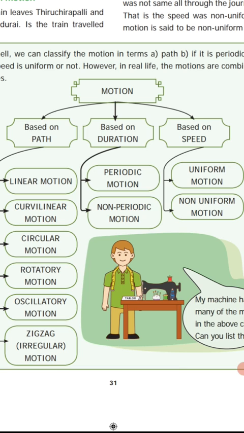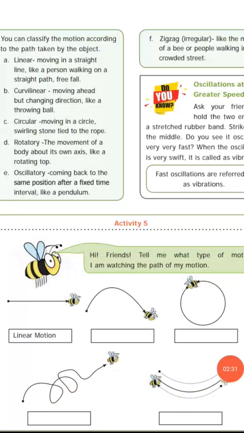Based on duration, periodic motion and non-periodic motion. Based on speed, uniform motion and non-uniform motion. Shall we see an example for each one?